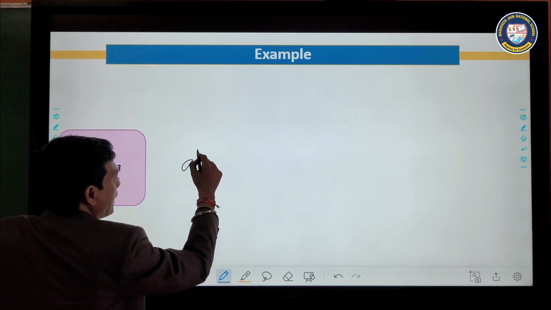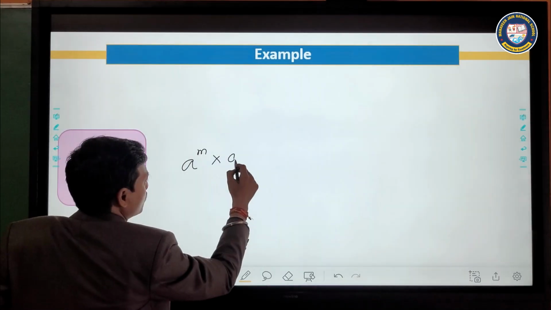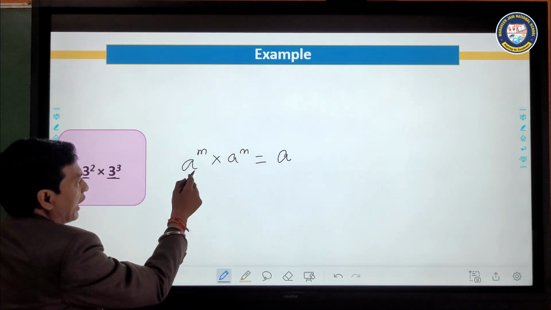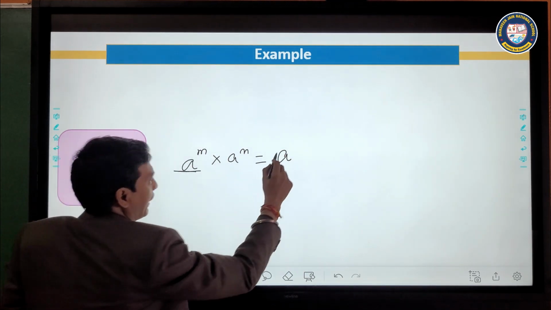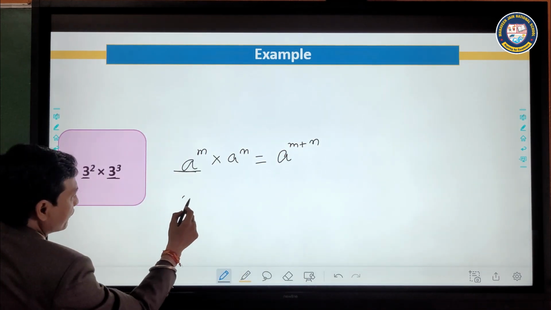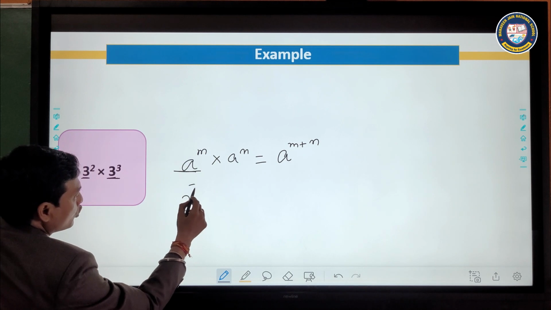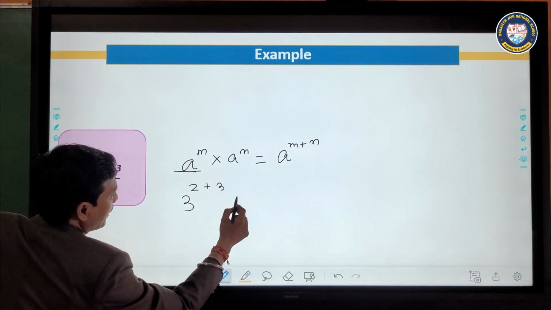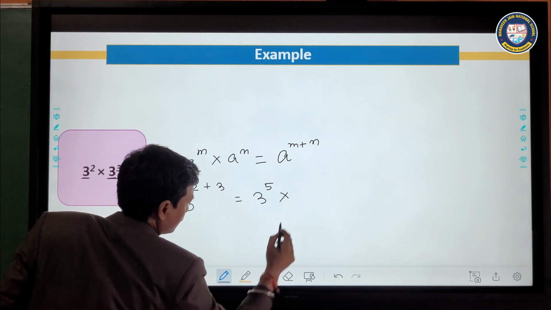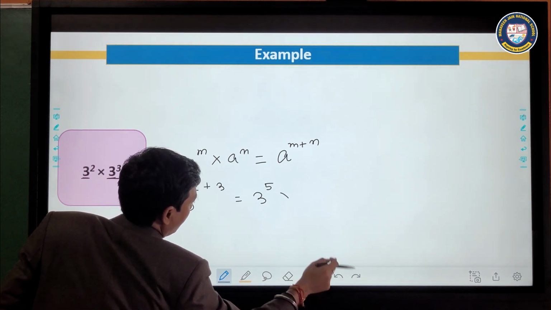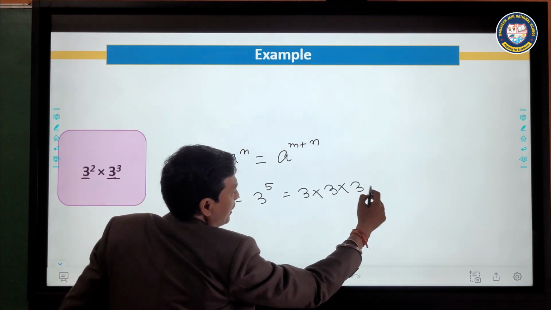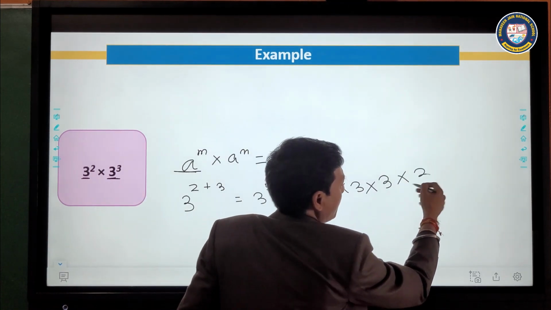The law tells us to write the base one time and then simply add the powers. So this will become 3 to the power 2 plus 3, and we get 3 to the power 5, which we solve as 3 multiplied by 3 multiplied by 3 multiplied by 3 multiplied by 3.